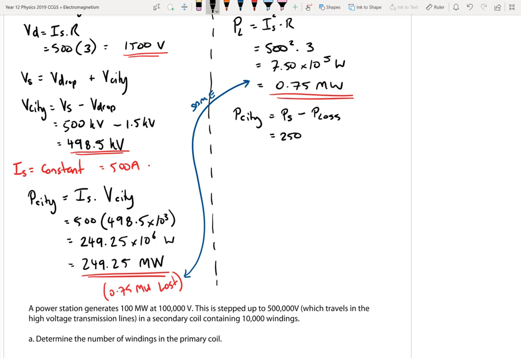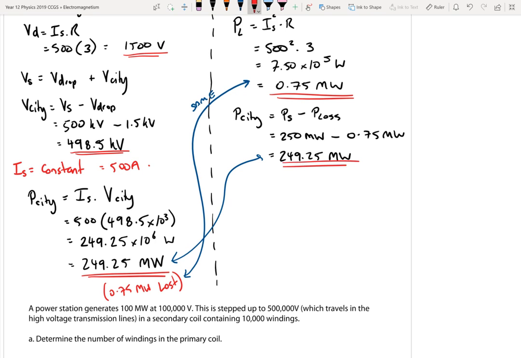So that's 250 megawatts minus 0.75 megawatts. That's 249.25 megawatts. Again, I could draw my little arrows. We're doing the same thing, just in different order, okay?